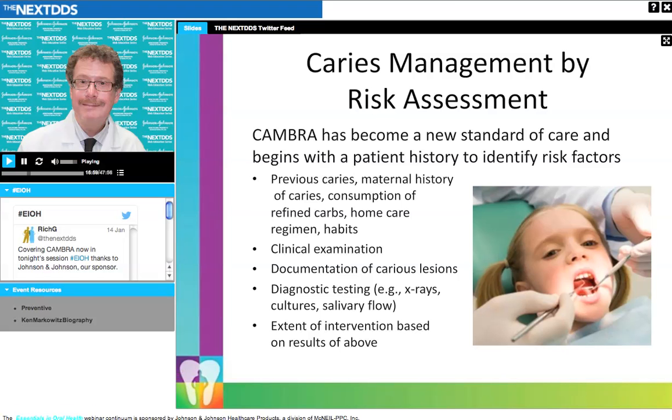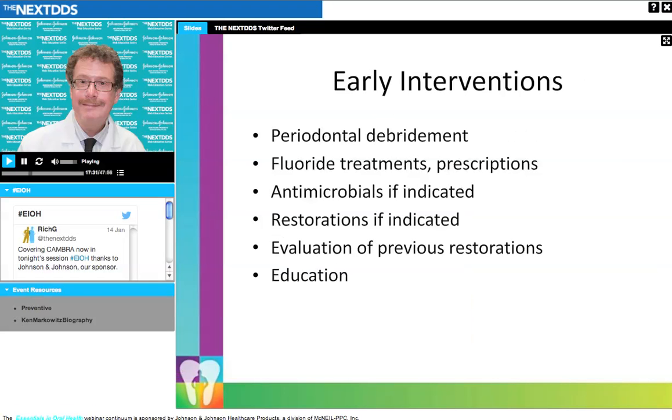A good example of this is diagnostic tests other than x-rays, let's say saliva flow or tests of what bacteria are present in the mouth. Those may have a role, but those might be difficult to do in practice, whereas things like dietary history and caries history in terms of how many lesions were in the past are probably likely to be the more important things as we move forward.